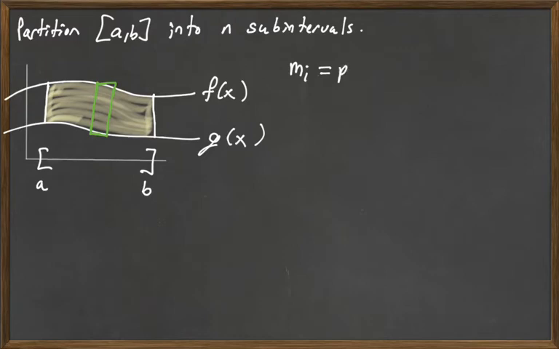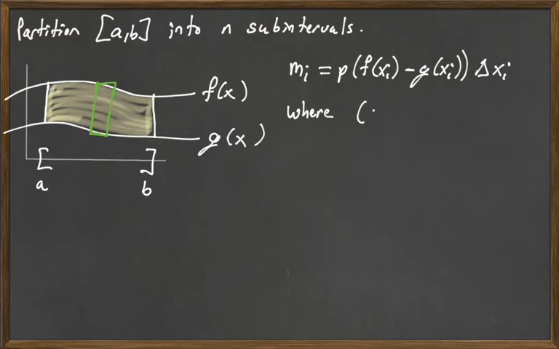The mass is going to be the density times the area. The height is about f of x sub i minus g of x sub i, and the width is about delta x sub i, where x sub i, y sub i is the center of mass of the representative rectangle.